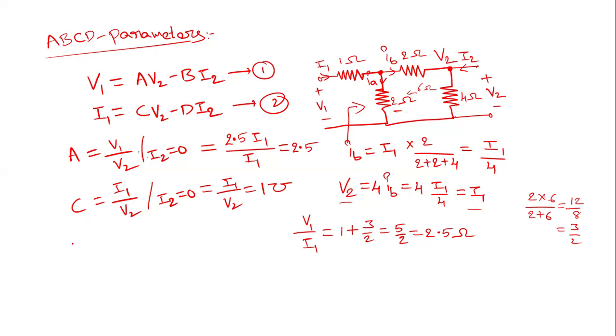Now to find B and D, B is minus V1 by I2 and D is minus I1 by I2, with the condition V2 equal to 0.